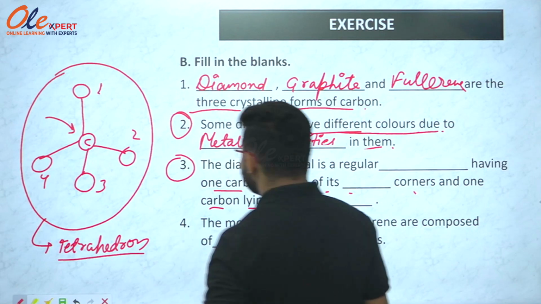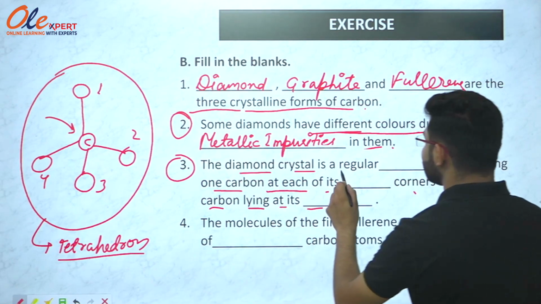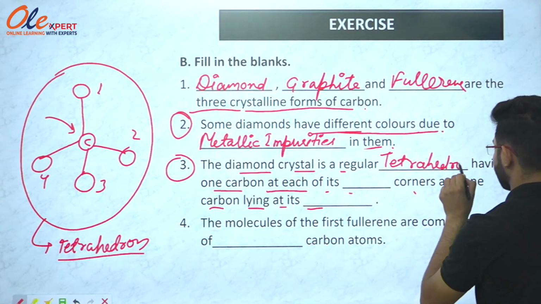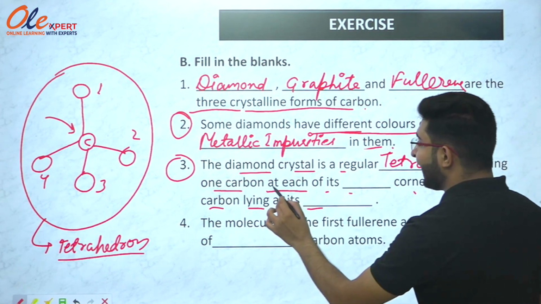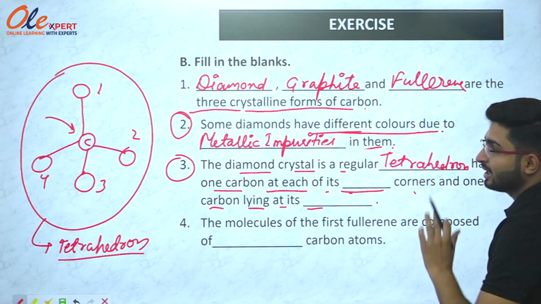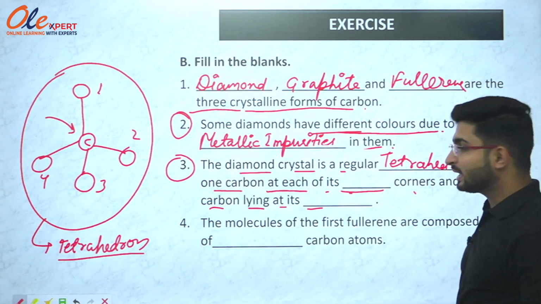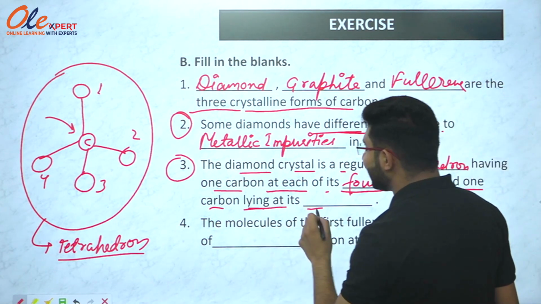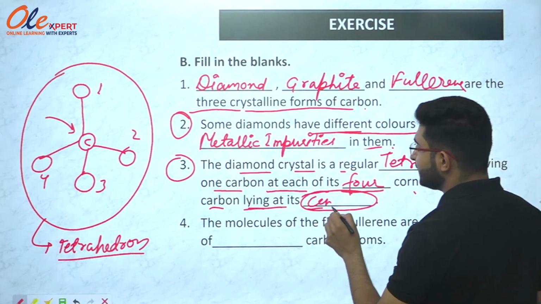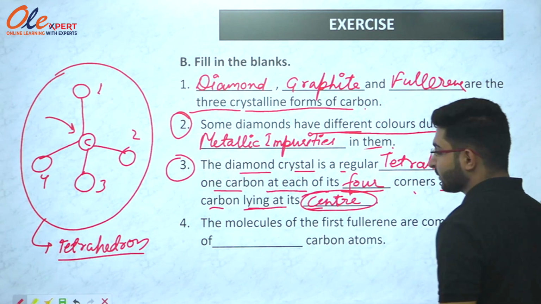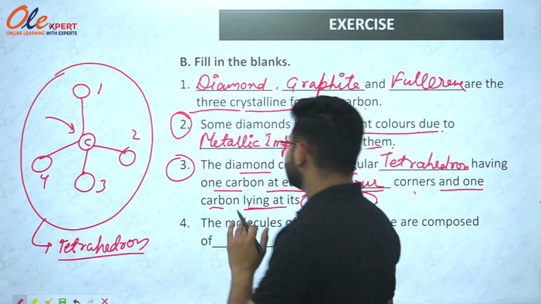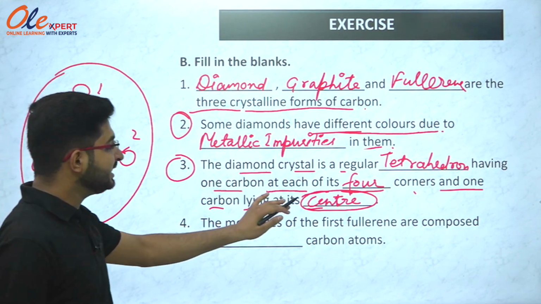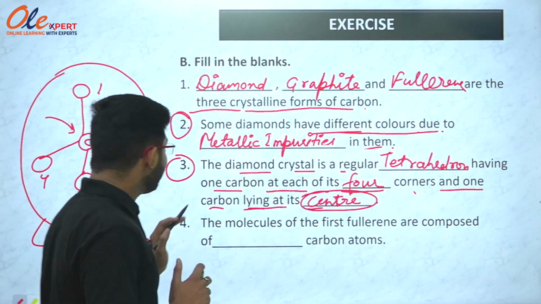So what you have to write: the diamond crystal is a regular tetrahedron having one carbon at each of its dash corners. There are four corners, so you have to write 4 over here, and one carbon lying at its center. So you can write center here. These are the correct answers for this part. The diamond crystal is a regular tetrahedron having one carbon at each of its four corners and one carbon lying at its center.